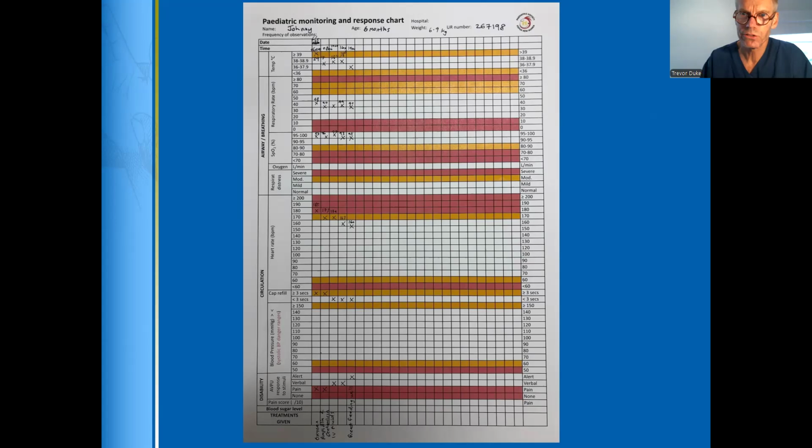And what needs to change about his management? Or are things still okay and we'll just carry on with the treatment? They need to be deliberate decisions made by people who have skills in the management of seriously ill children. And as you get more experience in this systematic approach to the management of seriously ill children, you'll get good at it too.